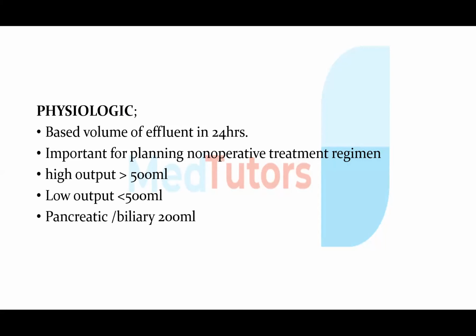So high output enterocutaneous fistula is defined as a 24-hour effluent of more than 500 mils, while low output enterocutaneous fistula is defined by a 24-hour output of less than 500 mils. However, this cutoff differs for pancreatic and biliary fistula, where 200 mils is used rather than 500 mils.